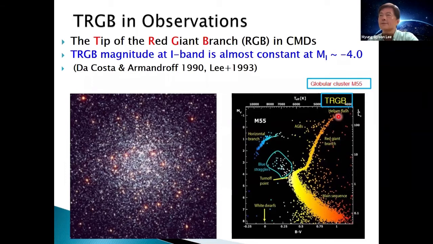And then stars move to very high temperature here, so they evolve along the horizontal branch and along the AGB. So this part corresponds to the helium flash of low mass stars, seen as the brightest point of the RGB in the color-magnitude diagram. That's the TRGB.